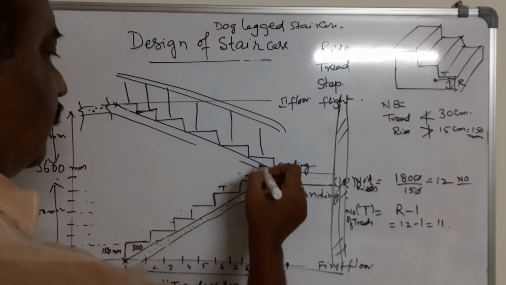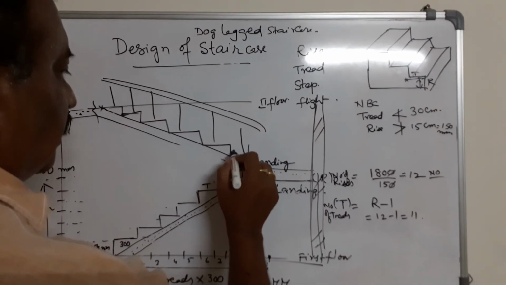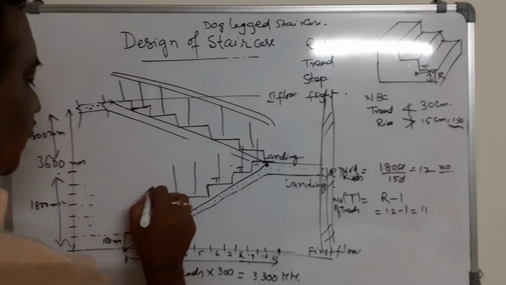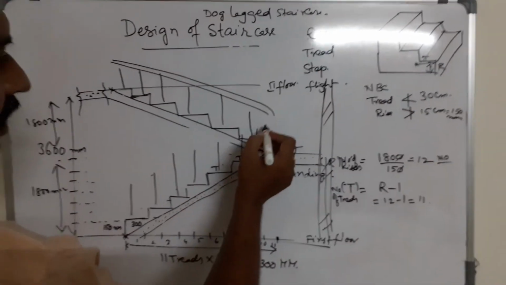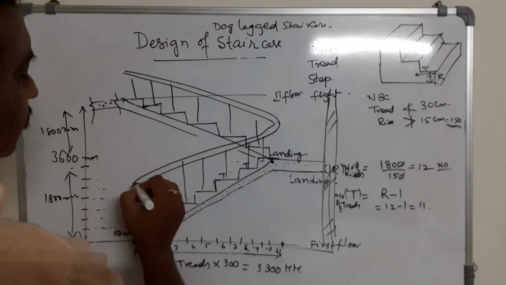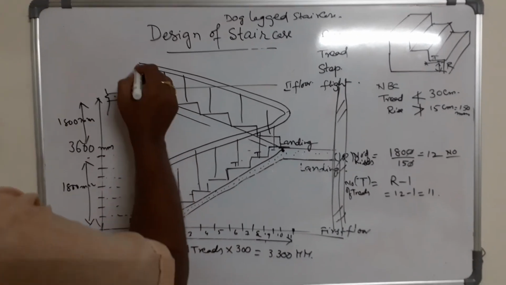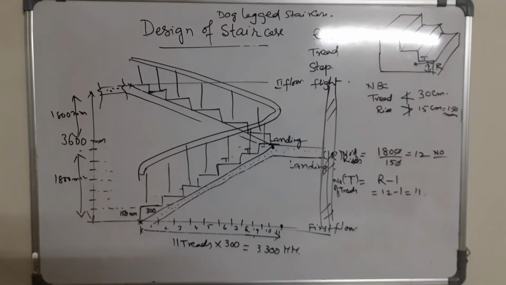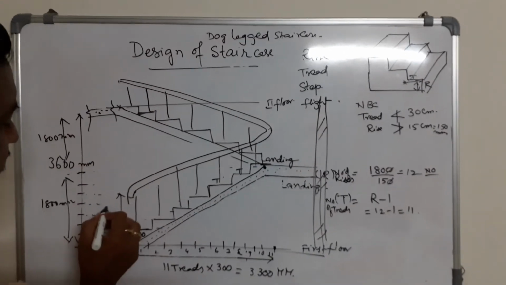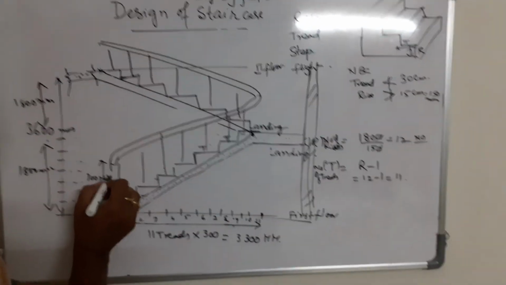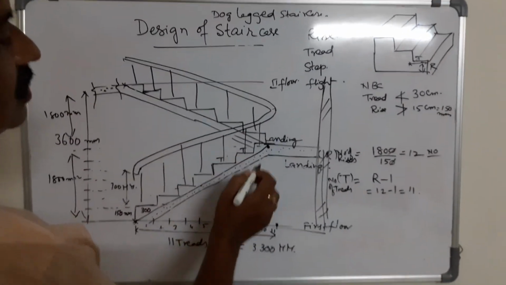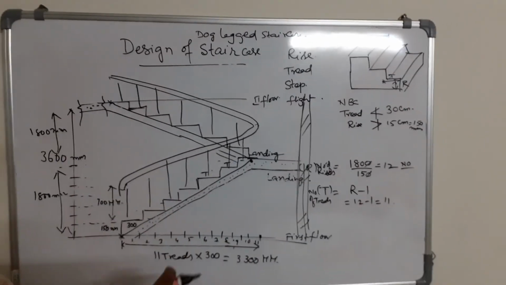The height of the handrail should not be less than 0.7 meter, so the height should be 700 mm. This is called the railing, and this is how you have to design the staircase.